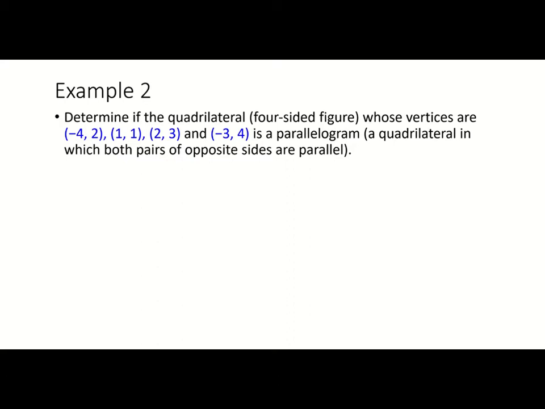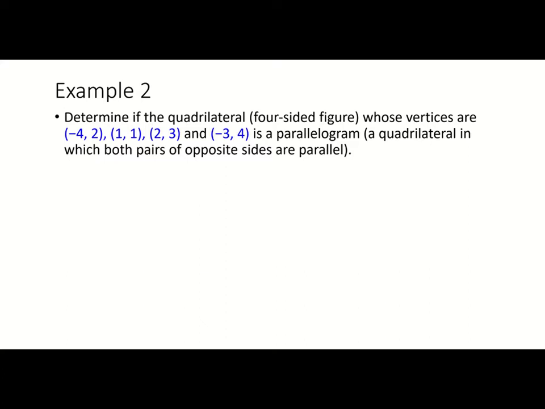All right, so our next example, example 2: we want to determine if the quadrilateral, which is a four-sided figure, that has the vertices (-4, 2), (1, 1), (2, 3), and (-3, 4), is a parallelogram. Remember, a parallelogram is a quadrilateral in which both pairs of opposite sides are parallel.